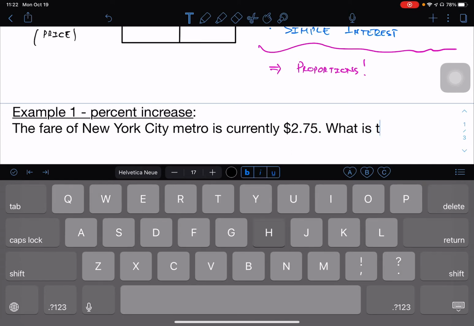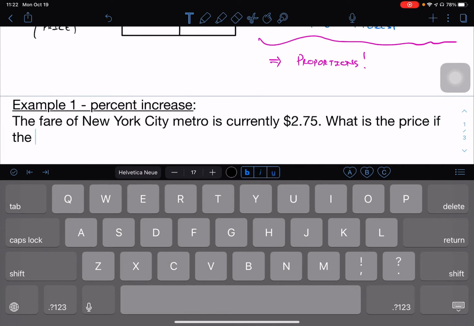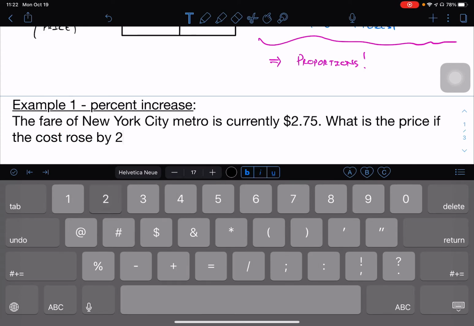What is the price if the cost rose by, let's say, 20%?